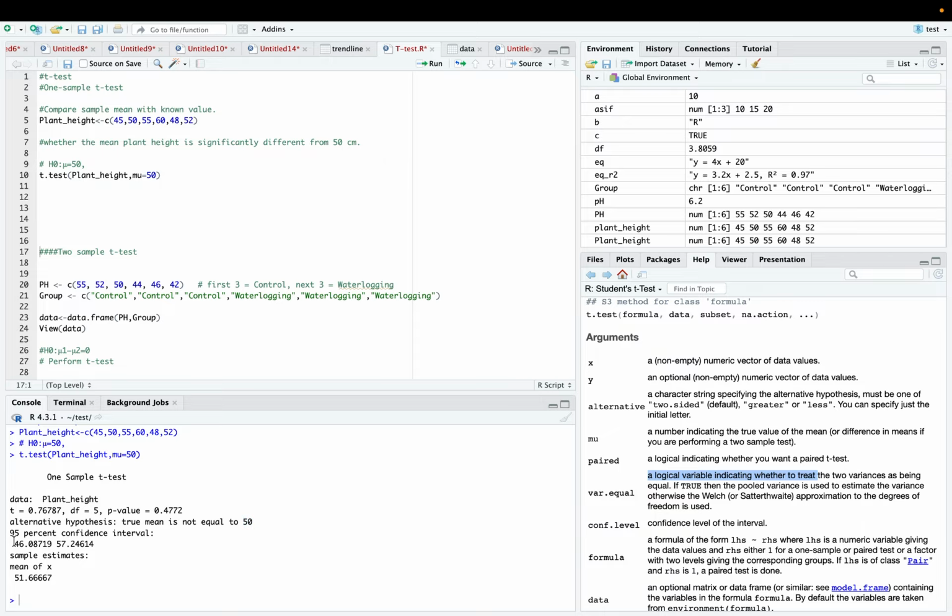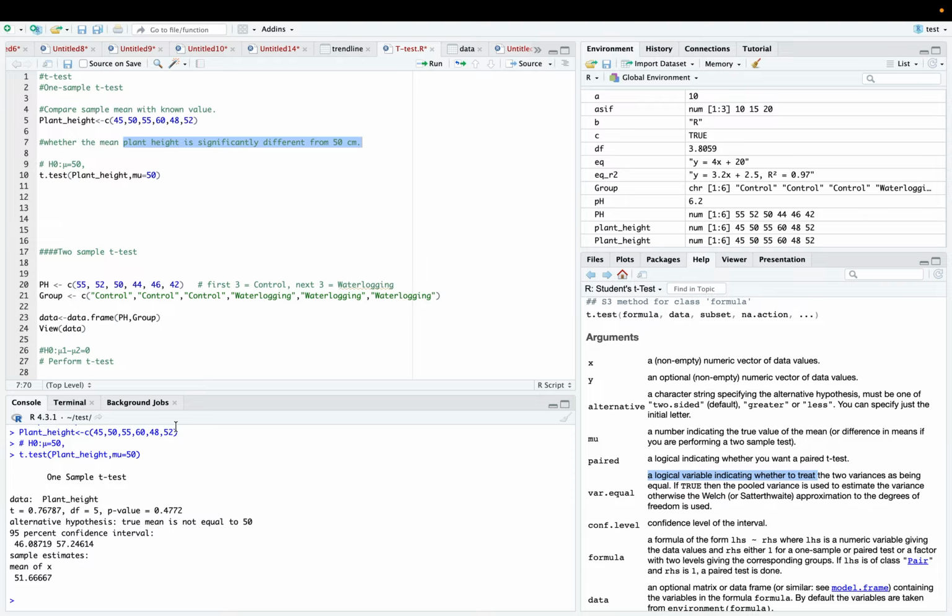So 50 is inside 46 to 57, so there is no chance of significance. That's why this is not significant. So the result is that plant height is not significantly different from 50. And the sample mean is 51.